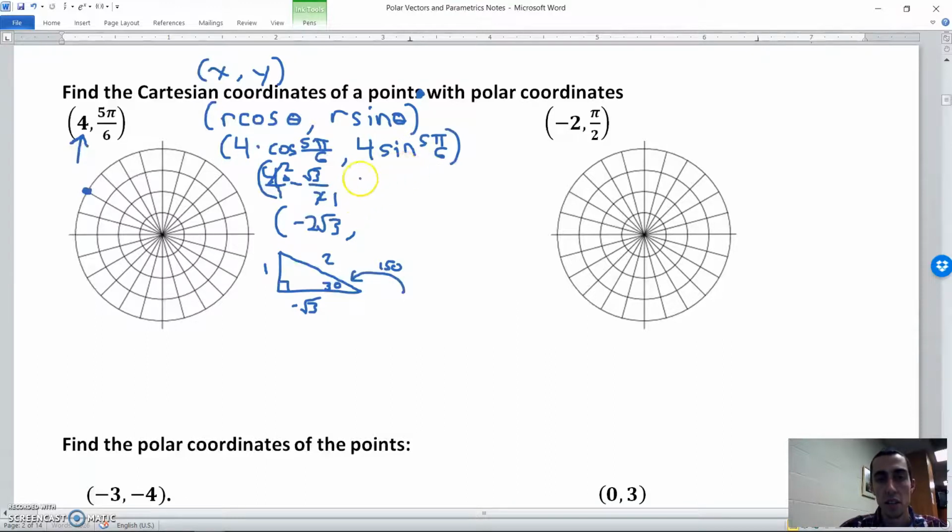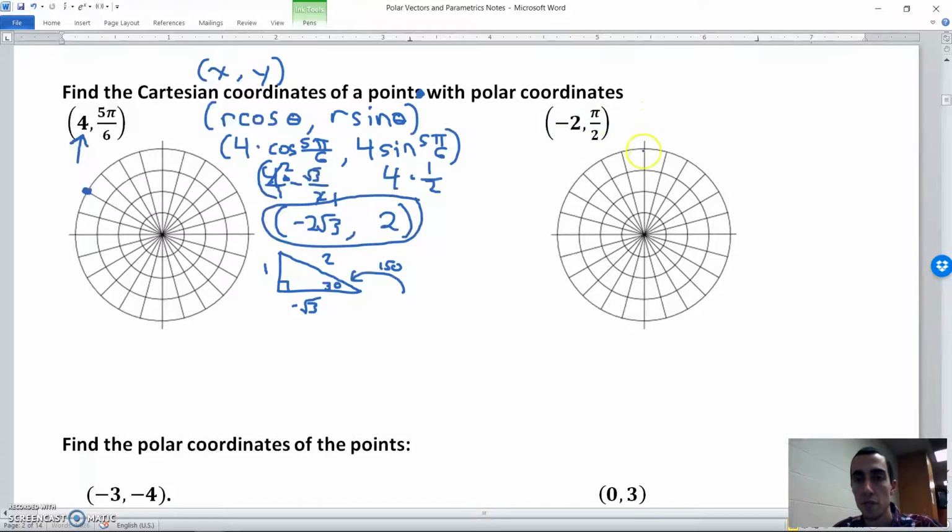And then for sine of 5 pi over 6, the sine is opposite over hypotenuse, so we've got 1/2. And 4 times 1/2 is 2. And so our first rectangular coordinates are negative 2 root 3, 2.